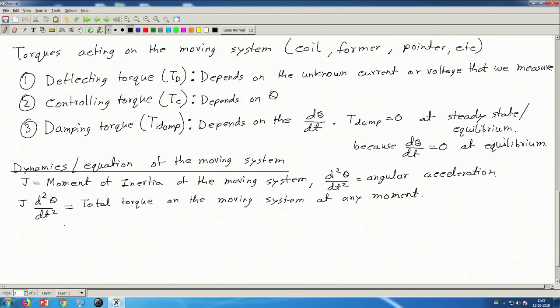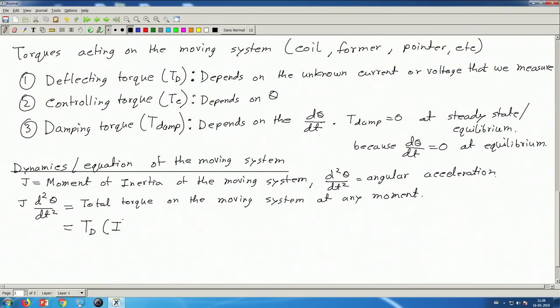Now, the total torque is a sum of these three torques: deflecting torque, controlling torque and damping torque. So, we can write that this should be equal to Td, which is primarily a function of the unknown current when you are measuring a current in a PMMC instrument, for example.